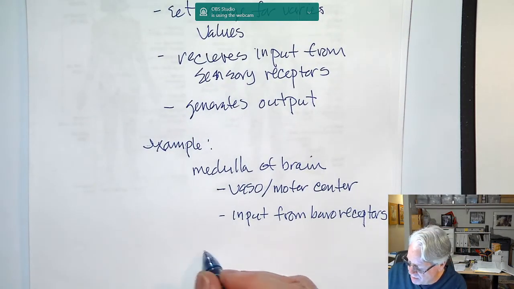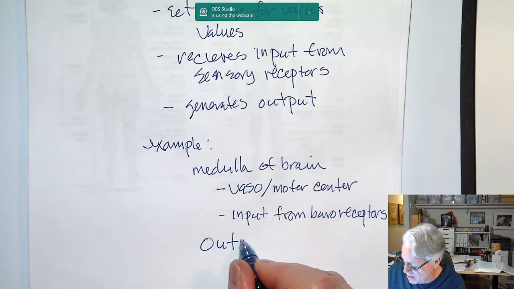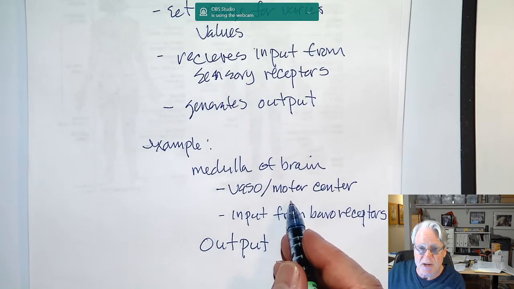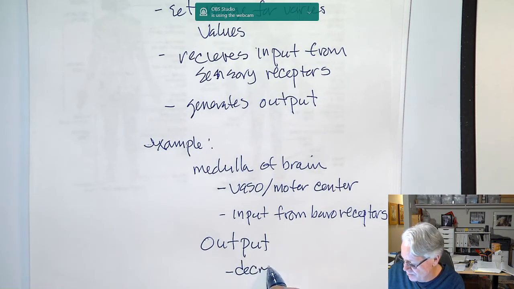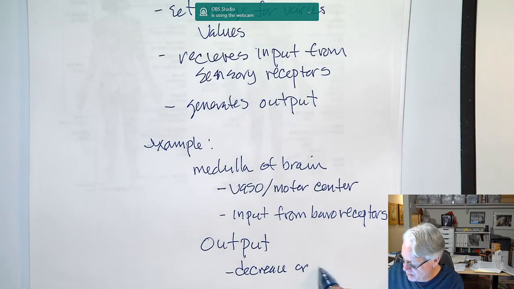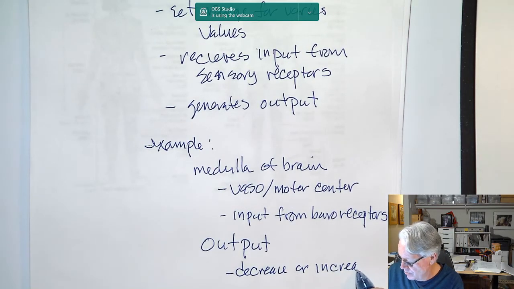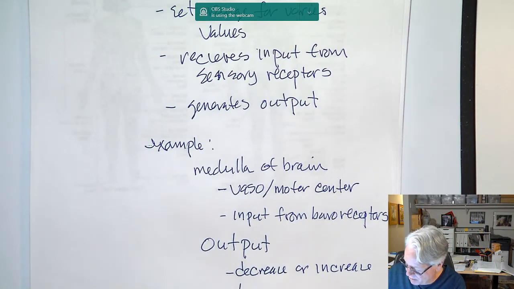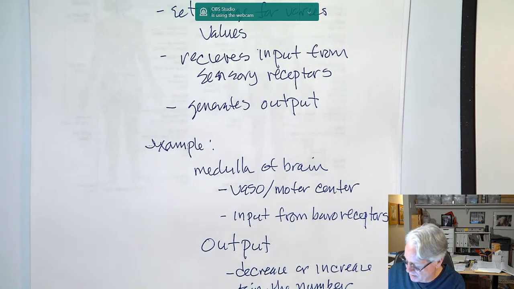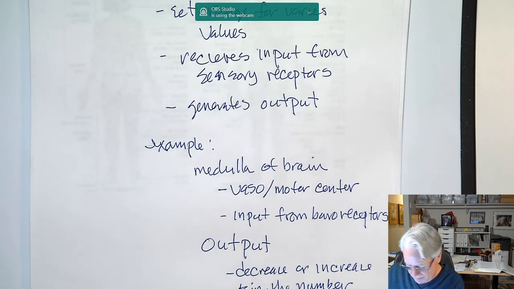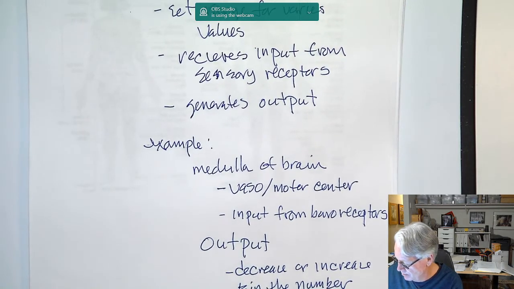And then it can do an output. It gets information, and then it produces an output, which can be either a decrease or an increase in the number of signals to the heart and blood vessels.